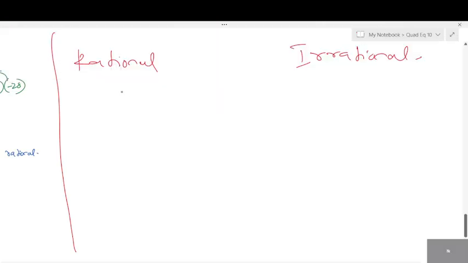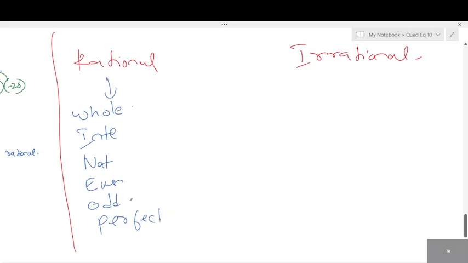See, when we talk about rational, all the whole numbers are rational numbers. All the integers are rational numbers. All natural numbers are rational numbers. Even numbers, odd numbers, all these are rational. And most important is perfect square numbers and perfect cube numbers, students. Perfect square and perfect cube are rational.